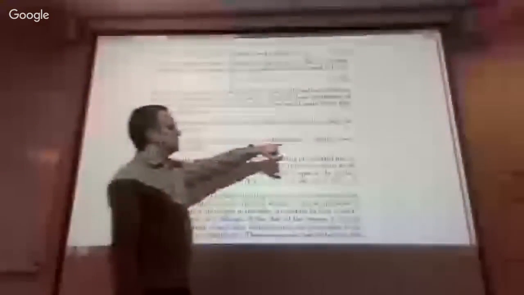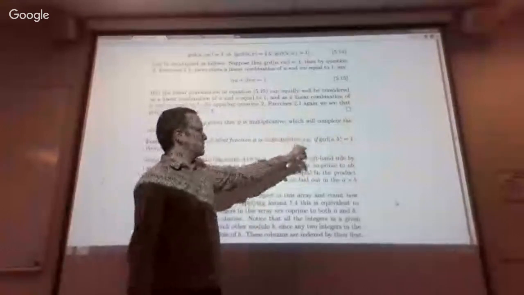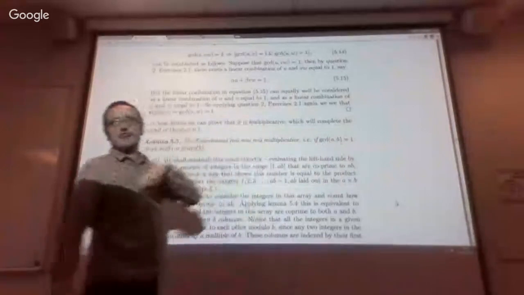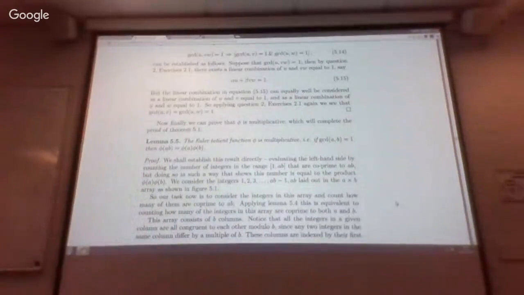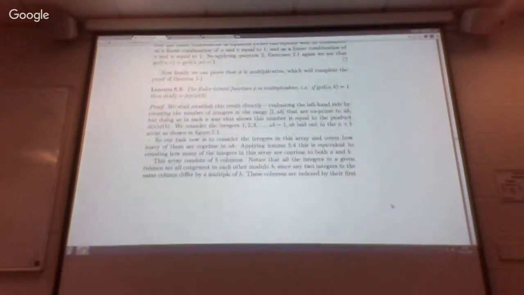So if we weaken the requirement, so it only has to work when the factors are co-prime, then that's a lot more interesting. There are a lot more functions that satisfy that restricted type of multiplicative property. And that was the main tool that allowed us to build an induction proof of the product form.